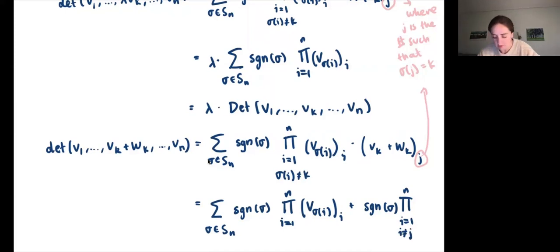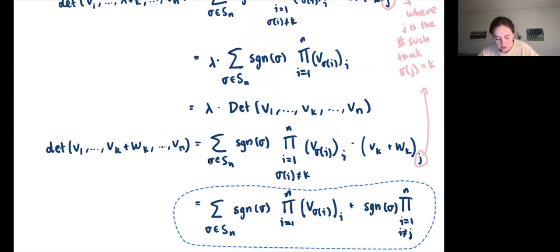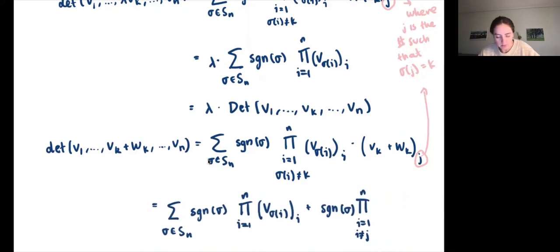I need to scoot all this over a bit. And this is going to be v sigma i sub i, and then times w k j.